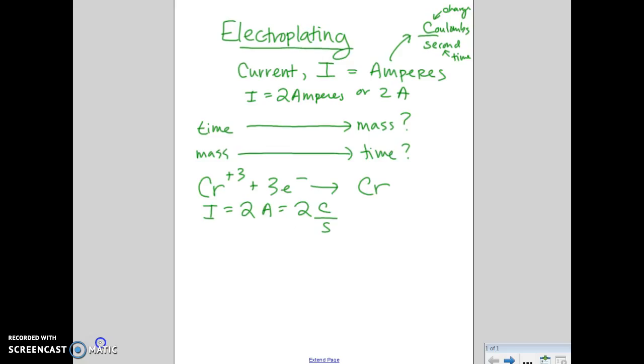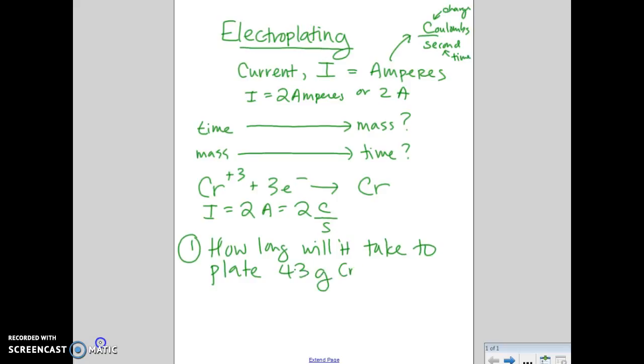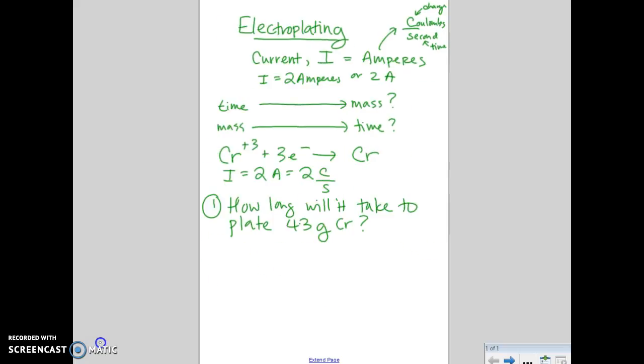So my question is, let's do one version. How long will it take to plate 43 grams of chromium? So this just becomes a glorified stoich problem.